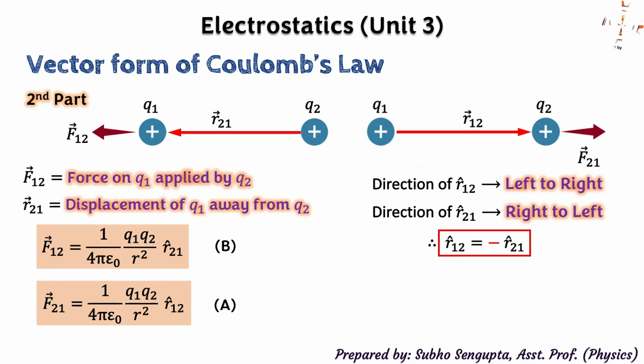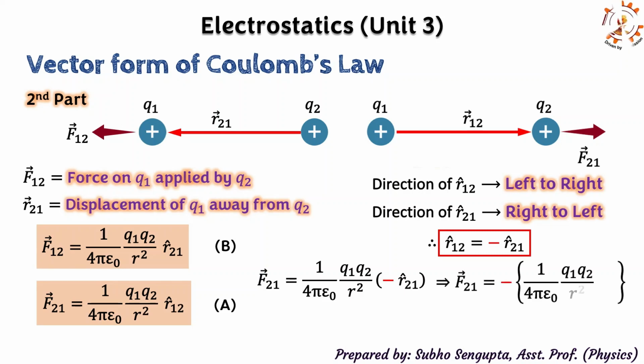Substituting this in equation A, I write vector F suffix 21 is equal to 1 upon 4 pi epsilon 0 times Q1 Q2 upon R squared times minus R suffix 21 hat. Now I change the position of the negative sign and write vector F suffix 21 is equal to minus 1 upon 4 pi epsilon 0 times Q1 Q2 upon R squared times R suffix 21 hat.